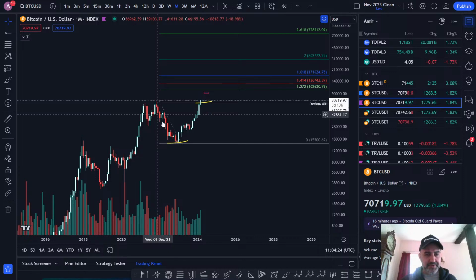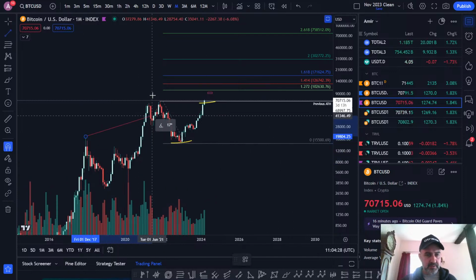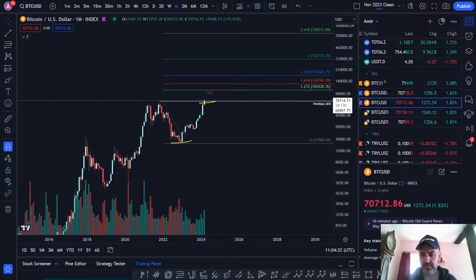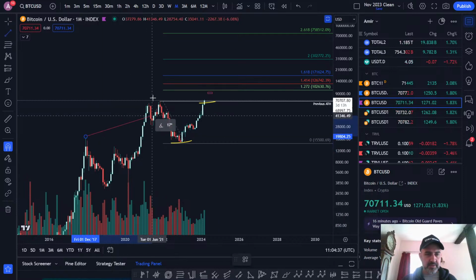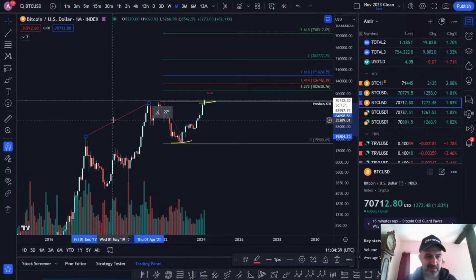You have a couple of outer trend lines here that we have to pay attention to. This one here. Why has that gone to that? Trend lines always change colors.